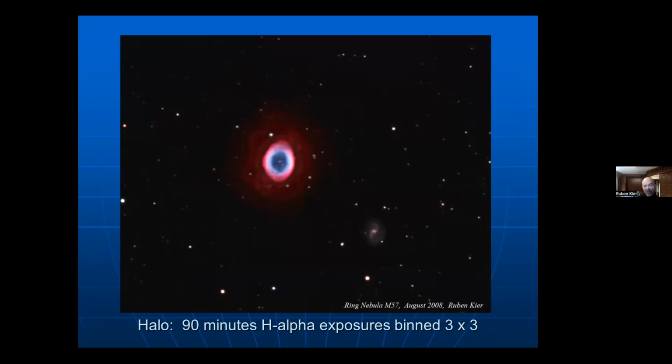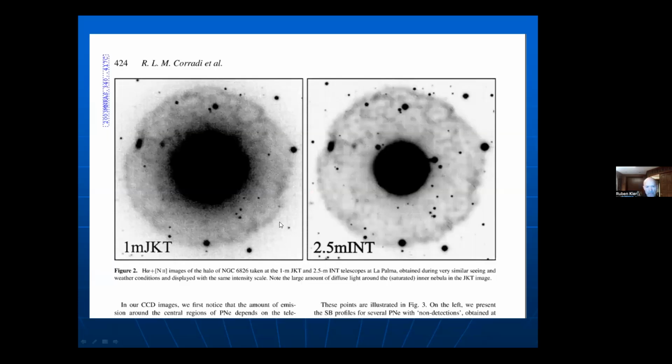And this is just 90 minutes of hydrogen alpha exposures. As I'll talk about later, it's often nice to get another object in the image to balance the image. This is not in the center of the image. It's a little bit off center, but I'll go in a little bit more detail on that later on.